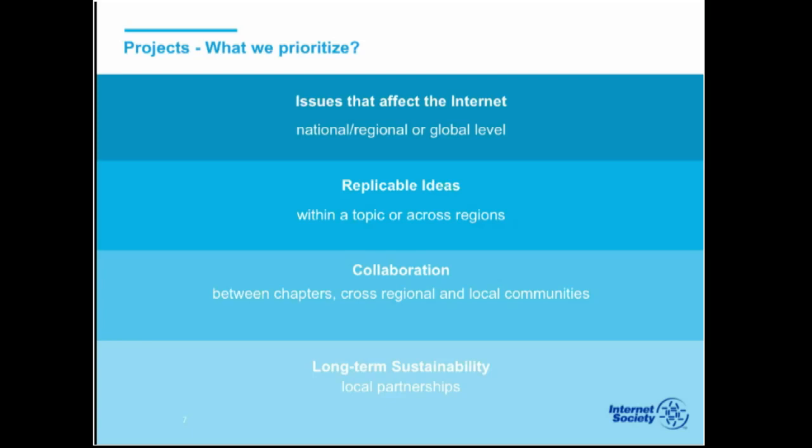We have projects that we know are working, for example, in India, on how to empower women. So why not take that discussion to other regions, to other chapters, because surely there are women that could benefit from that project. So this is one thing that we are looking for to see in applications.